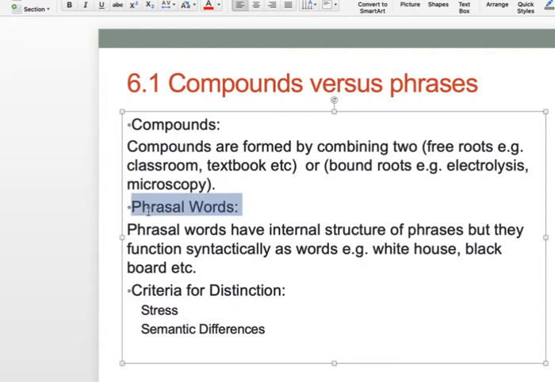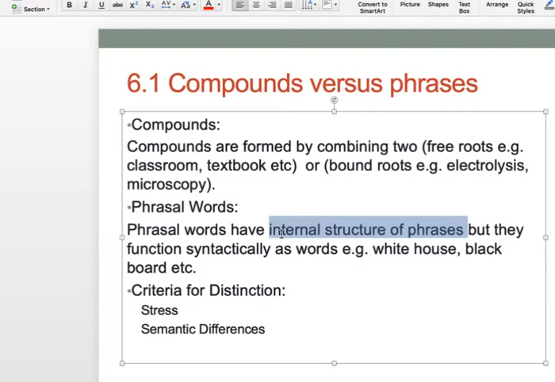Phrasal words have the internal structure of phrases. I'm sure you know the phrase. For example, book is just one word, but the green book, the interesting book, these are phrases. You have studied some 4 courses on grammar, I'm sure you know.